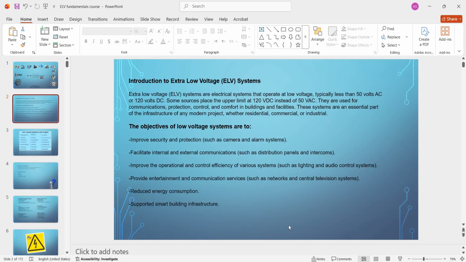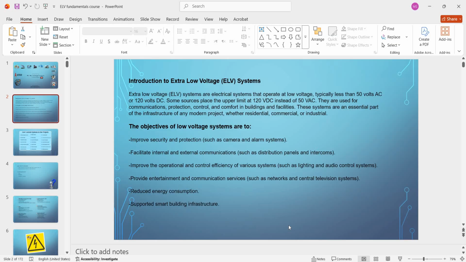access control. So we use ELV systems to improve security and protection, such as cameras and alarm systems. They also facilitate internal and external communication, such as the intercom system. They improve the operational and control efficiency of various systems, such as light and audio control systems.